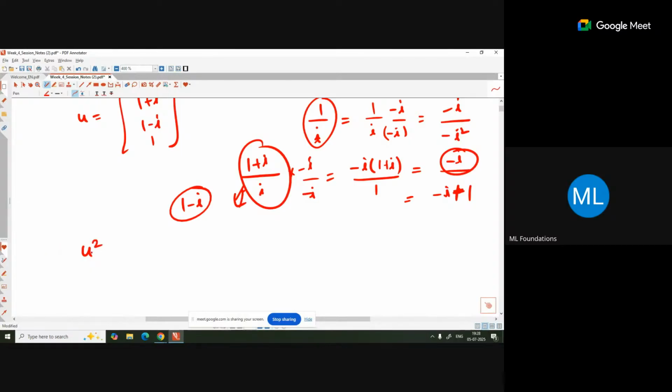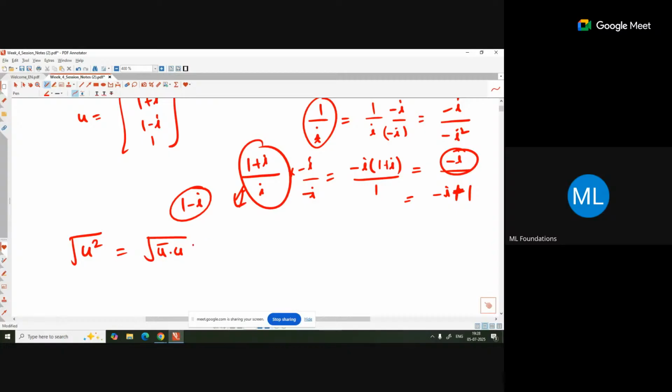Because you want to find the square root of u squared, and that is in complex terms, how will it be done? We write the dot product between its conjugate and u, so the conjugate transpose. Transpose you will use because I have used the dot sign here.